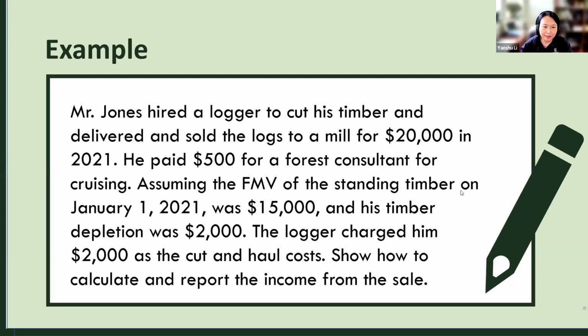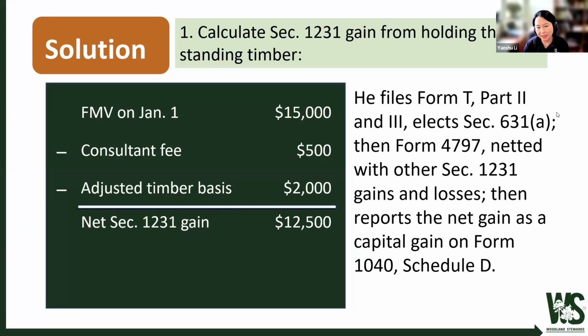And here is a way to show you how to calculate the long-term capital gain, or what we call Section 1231 gain, from holding the standing timber. The fair market value of the standing timber on the first day of the year minus the consulting fee minus the adjusted basis, and that portion, because it's greater than zero, is a gain.